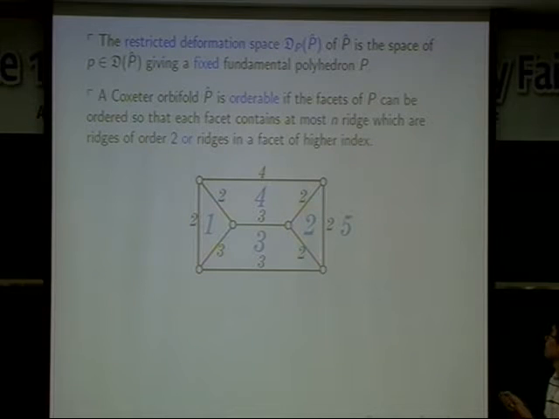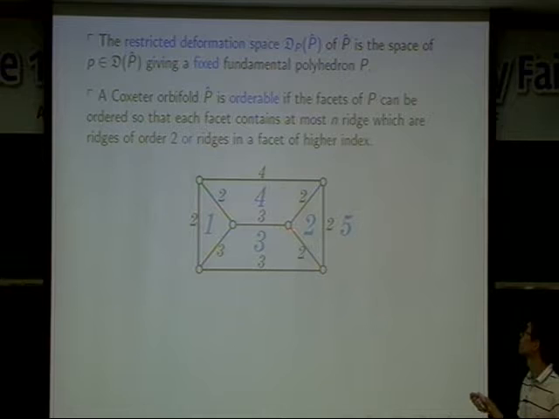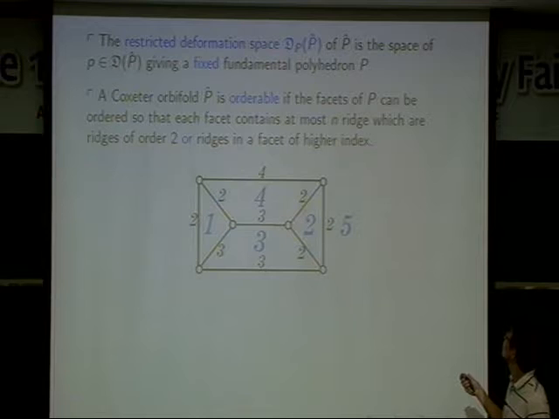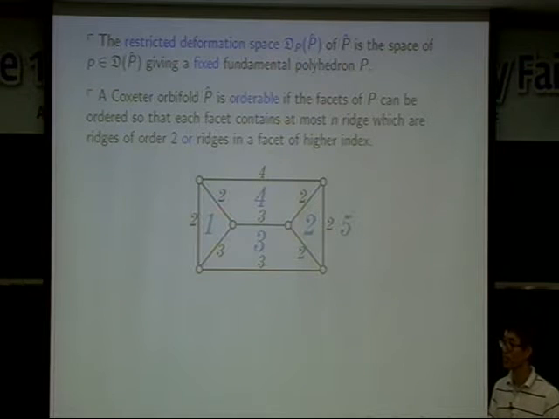This guy is a triangular prism, right? And then we give order index 1, 2, 3, 4, 5. Around this facet, we can count the number of ridges which are of order 2 or in a facet of higher index.